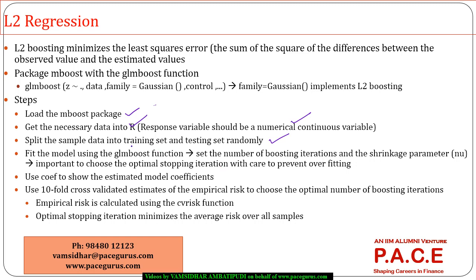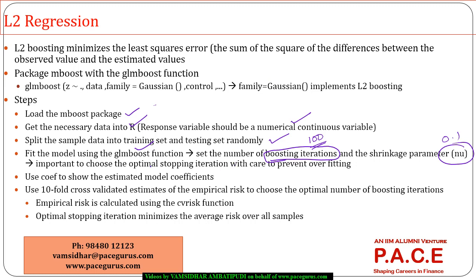We have done that. We have fitted the model using the GLM boost function. So the number of boosting iterations, we have left it to the default where 100 iterations would be performed. The shrinkage parameter also we have left it to be the default from the boost underscore control, where it would be set equal to 0.1.